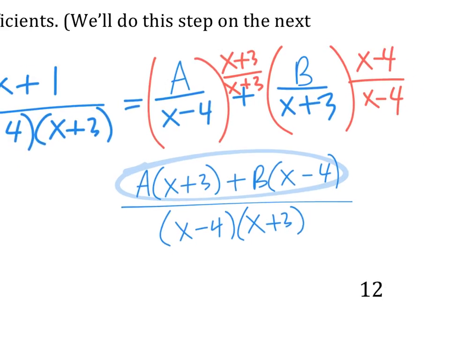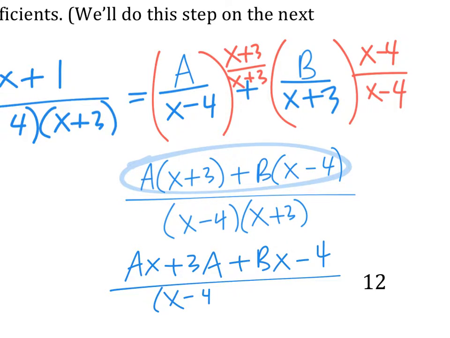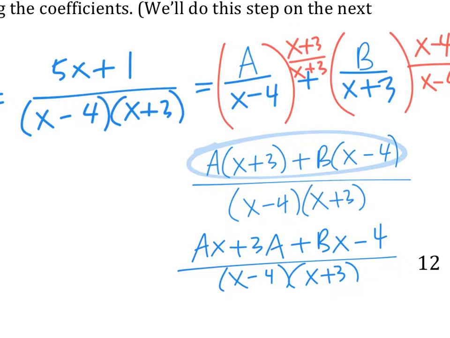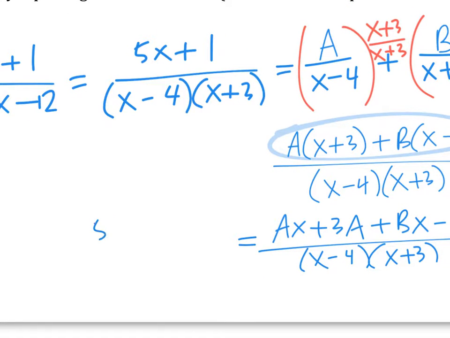Okay, so we get to this part. Ax plus 3a plus bx minus 4b over x minus 4 times x plus 3. Oh, sorry, 4b, yeah, thank you. Okay, this is equal to 5x plus 1.